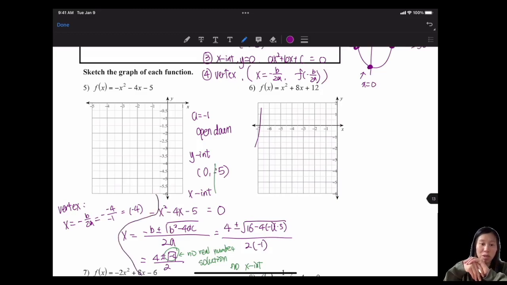So in the function, if you already have the x-coordinate, you can plug in x equals negative 4 to find the y-coordinate. So f of negative 4 equals negative 16 plus 16 minus 5, which is negative 5. So the vertex is equal to, that makes no sense. I must have done something wrong.